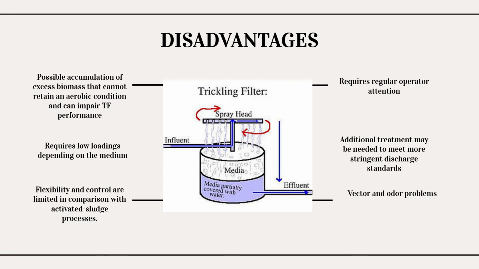Next, it also requires low loadings depending on the medium, meaning that only a low influent can be entered at a time. Next, flexibility and control are limited in comparison with the activated sludge process.